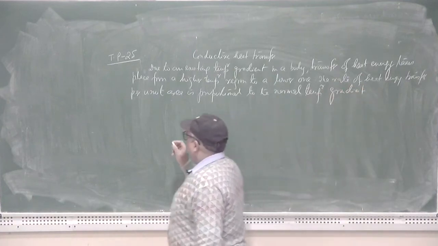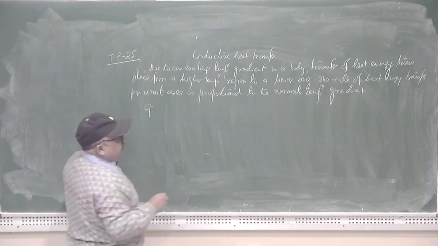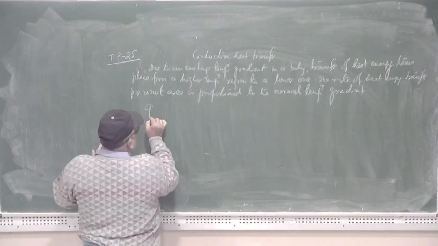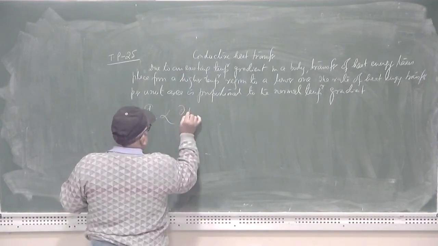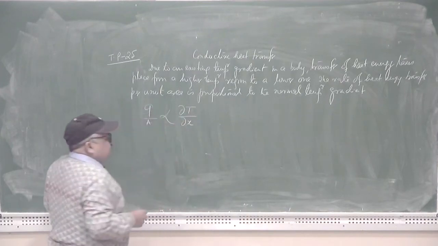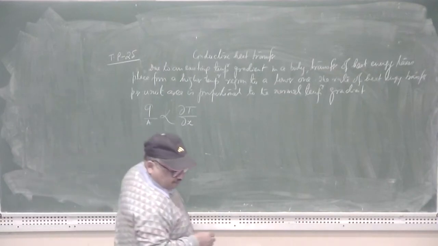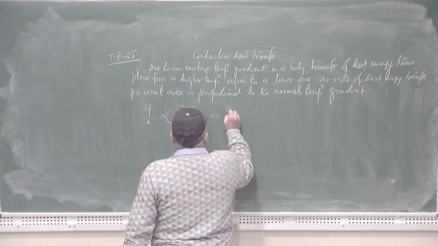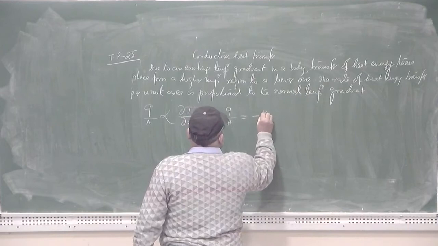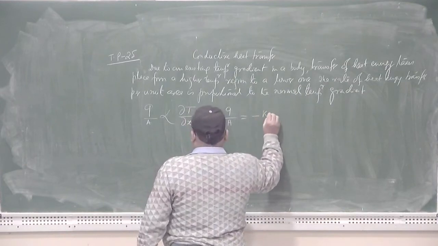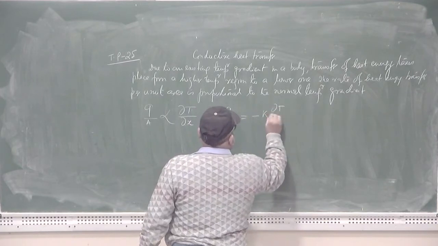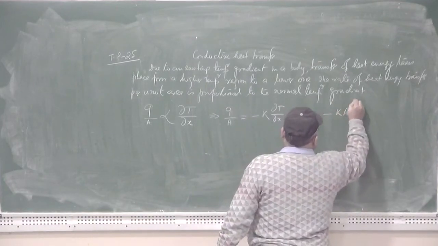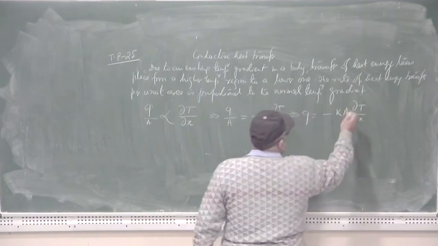That means, if I assume that Q is the amount of heat energy transferred per unit time, then it can be said that Q by A is directly proportional to dT by dx, or Q by A is equal to minus K, a constant of proportionality, into dT by dx, or Q equals minus K A dT by dx.